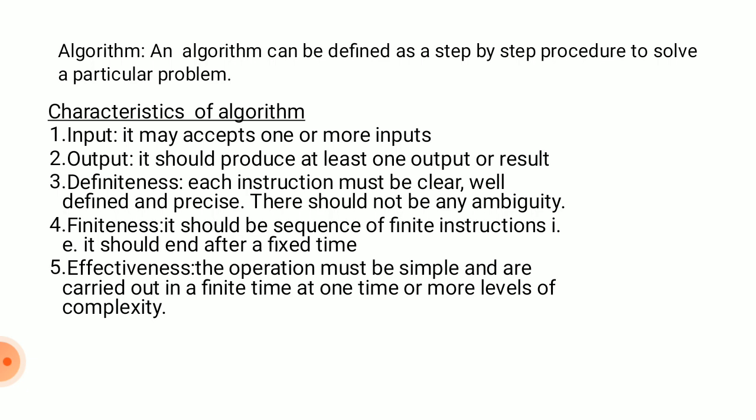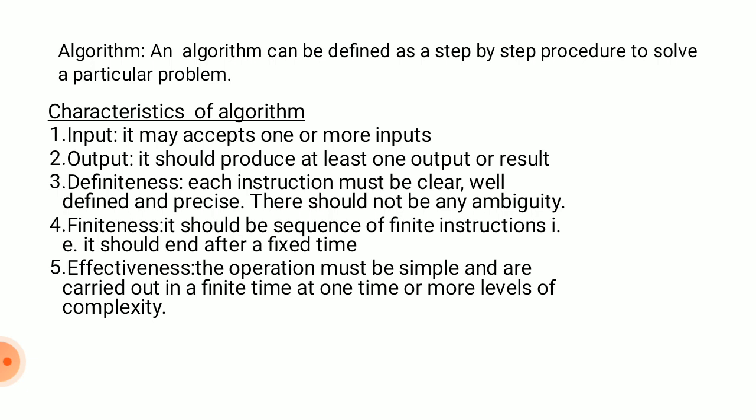So the instruction is not clear. Such kind of instruction should not be given in the algorithm or in the problem. Every instruction must be clear and precisely defined. There should not be any ambiguity. Ambiguity means the instruction must be clear. That is definiteness. Next, finiteness.